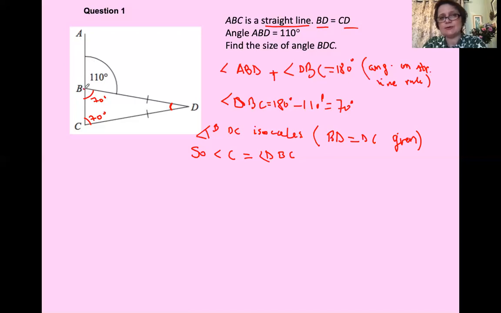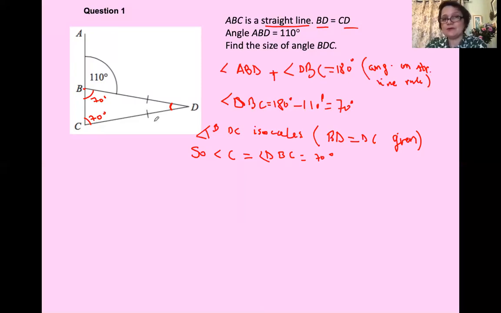So that's why it's very important to make the angles clear. Because if you just say angle B, then you might think, which angle B? Is this one here or this one there? So angle DBC equals 70 degrees. So we found this angle as well, and we labeled it in the diagram.